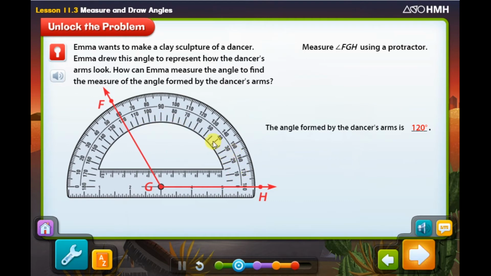We have the inner scale and the outer scale. 0 here is the inner scale. This means you will read only the inner scale. So the inner scale will be at 120 when it intersects with the second ray, which is GF. So that's 120. So that's the degree. And don't forget to put the circle up there. This means 120 degrees or 120 parts of circle.